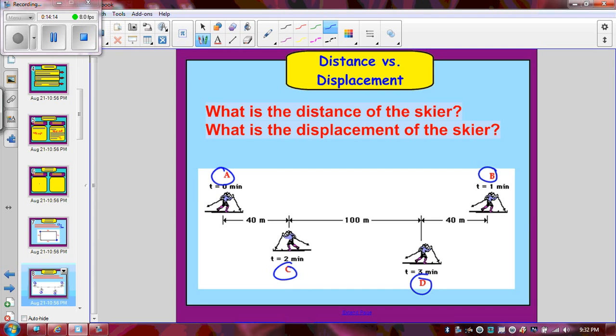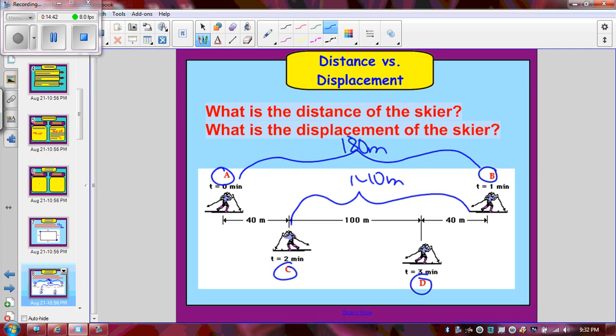The distance, remember, is the amount of ground covered by the skier. So let's take this bit by bit. First of all, the skier goes from spot A to spot B. Notice that this is 40 plus 100 plus 40, or in other words, 180 meters, simply by going from spot A to spot B. Then the skier goes from spot B to spot C, which is 100 plus 40, or 140 meters.